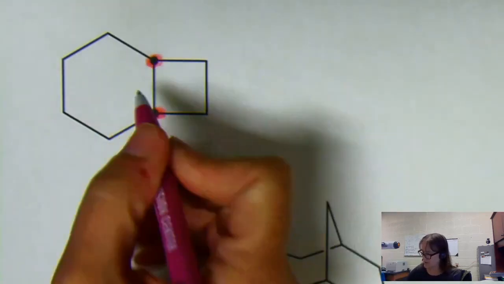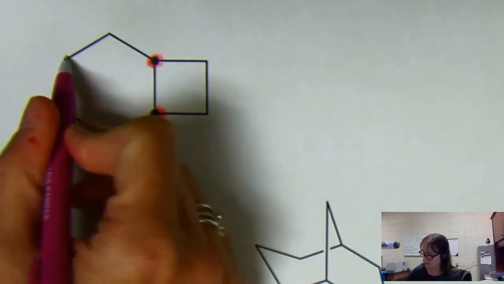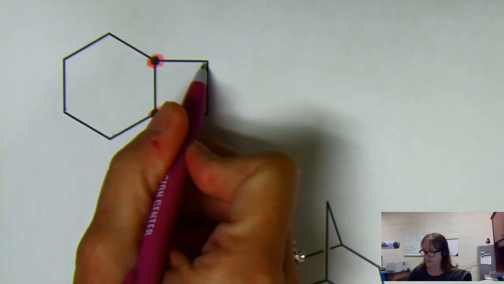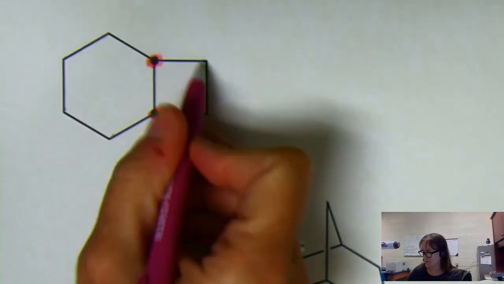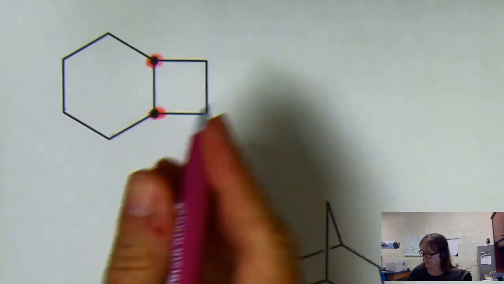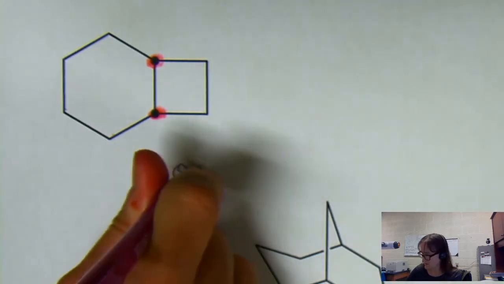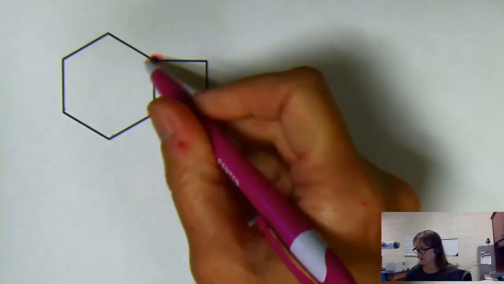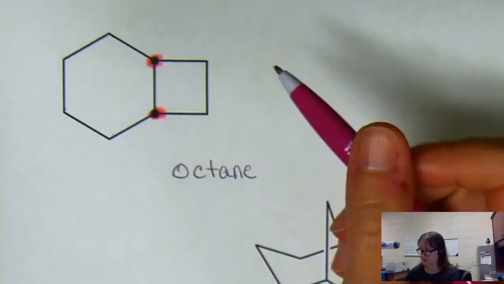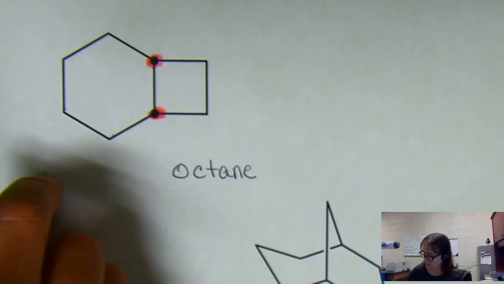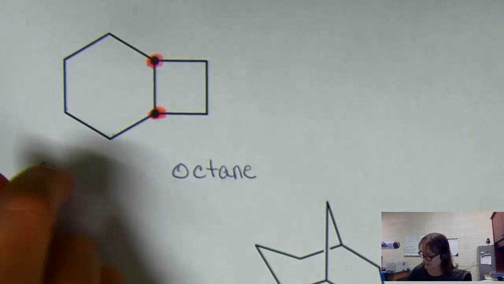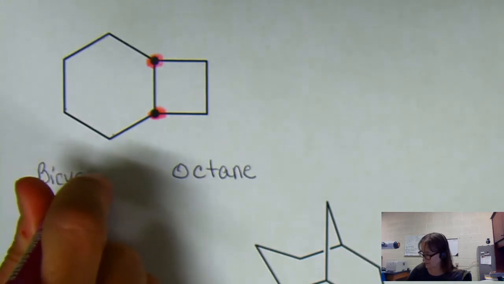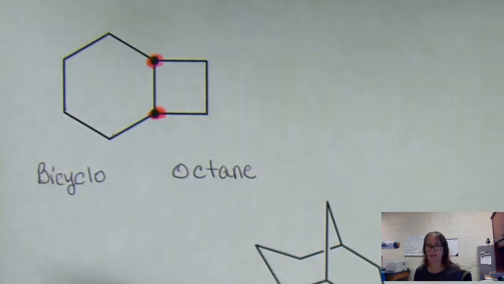So starting here, there's 1, 2, 3, 4, 5, 6, 7, 8. So there are 8 total carbons that are part of the rings. And so this is a version of an octane. Because there are 2 bridge carbons, we call this a bicyclo. So instead of cyclooctane, we call it bicyclo.